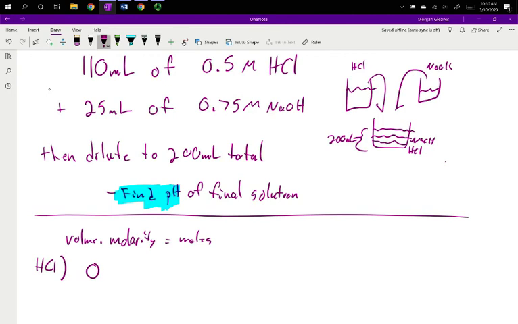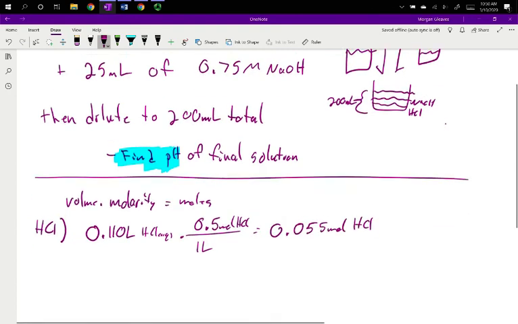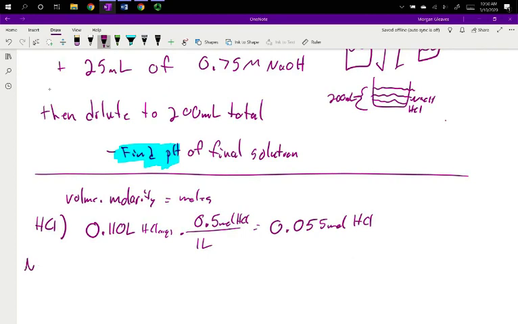So I have 110 milliliters, which is 0.11 liters of the HCl solution. In 1 liter, there is 0.5 mole of HCl. And so we will find 0.11 times 0.5, 0.055 mole of HCl.